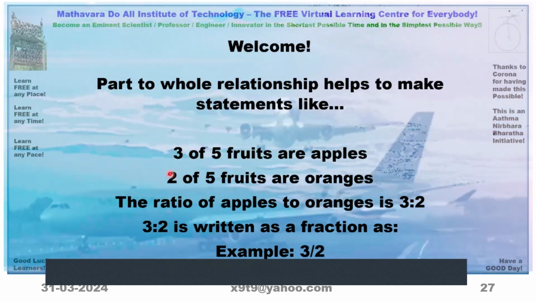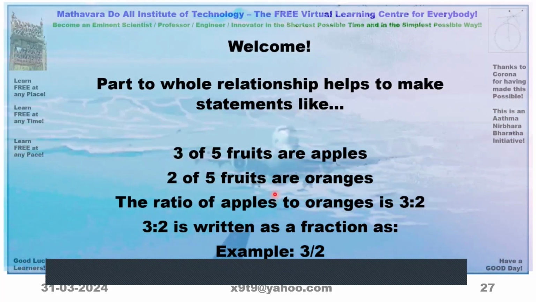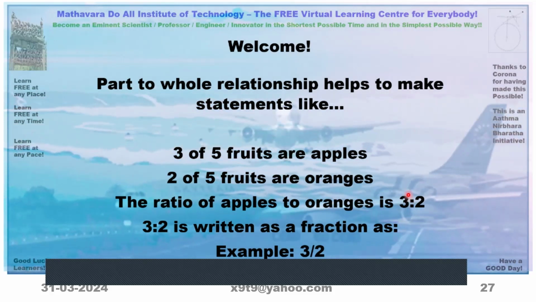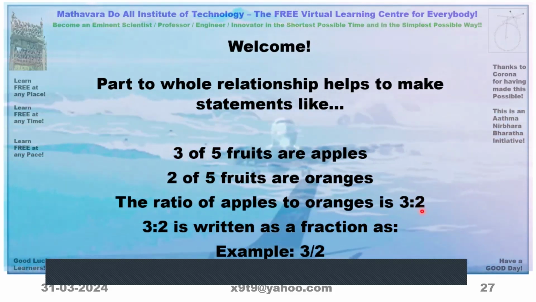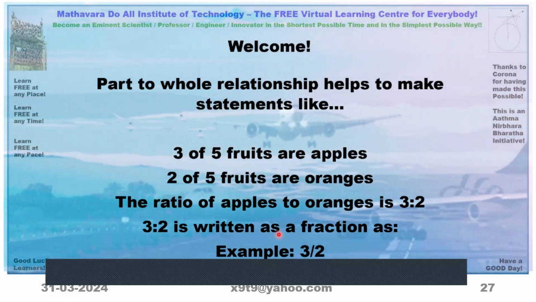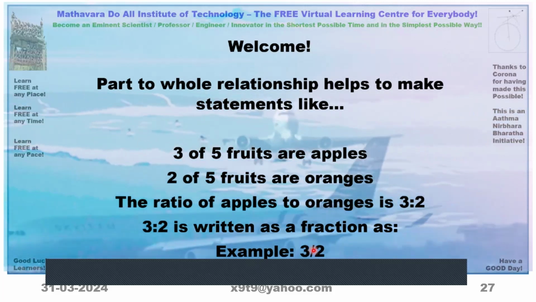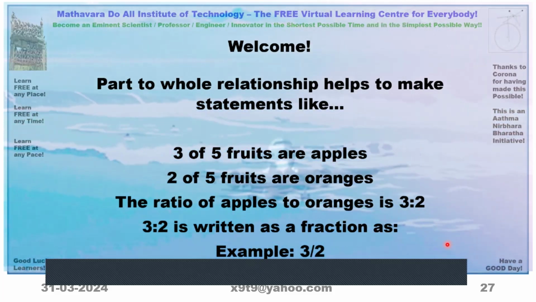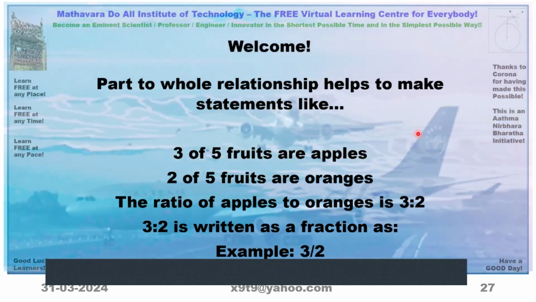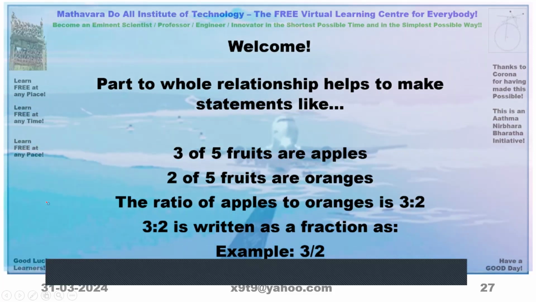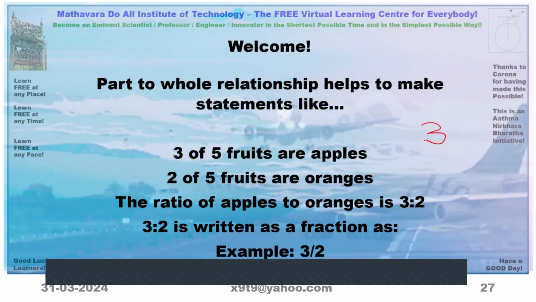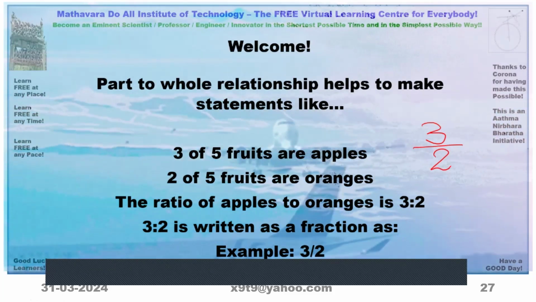So 3 comes first because apple comes first, then orange. 3:2 can also be written as a fraction, like 3 divided by 2.